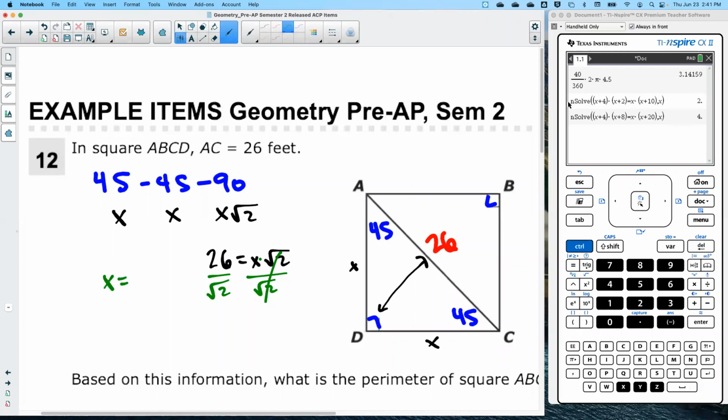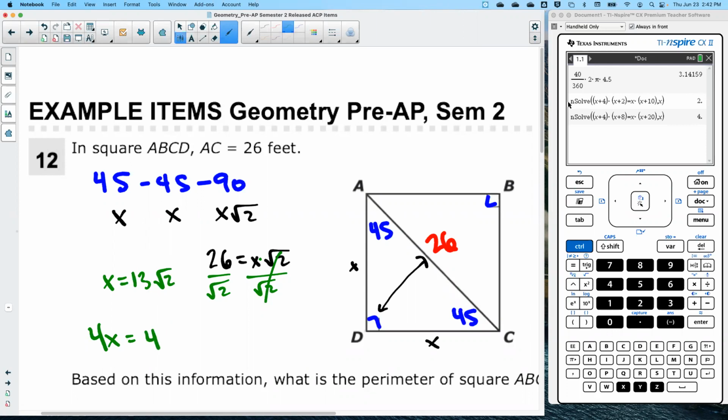So x is going to be 26 divided by 2, which is 13. You add the square root at the end. You multiply by 4, so there's 4 of those, so 4x would be the answer.